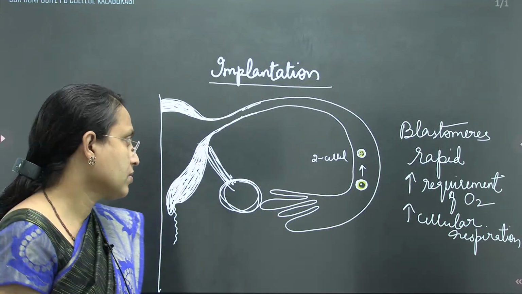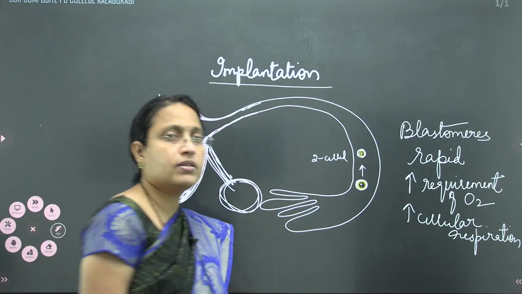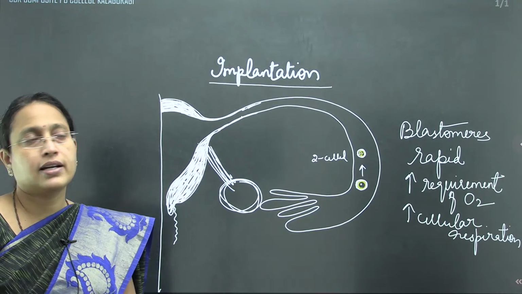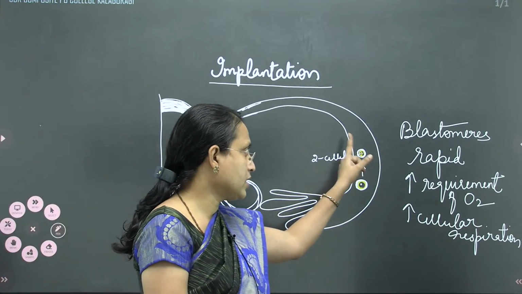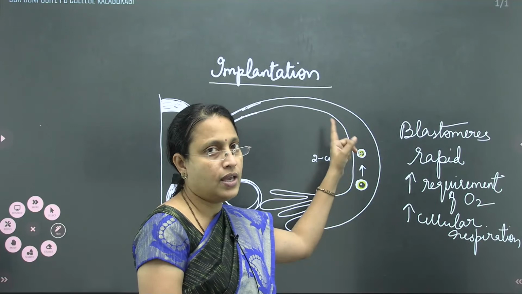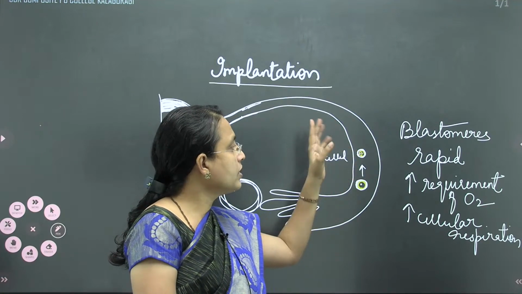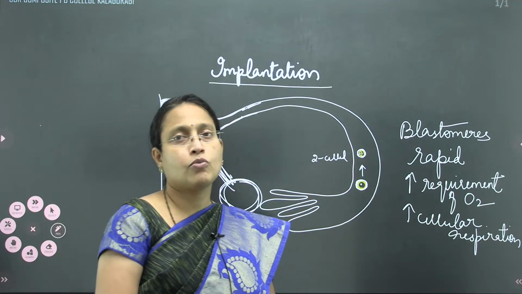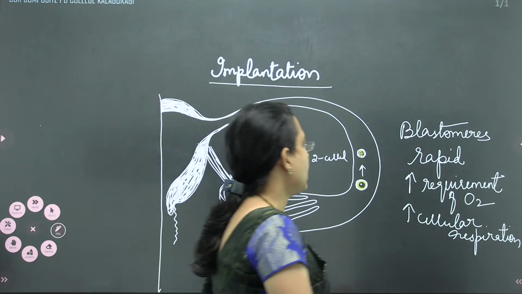Then what happens? The size of blastomeres is smaller. That is, the daughter cells which are formed here. These blastomeres are daughter cells of the zygote. The size of the blastomeres is smaller than the parent cell.